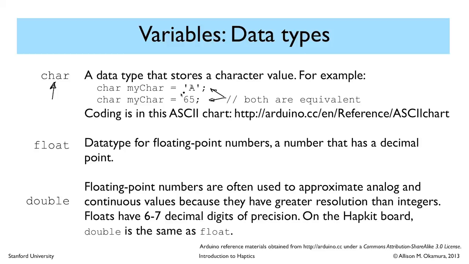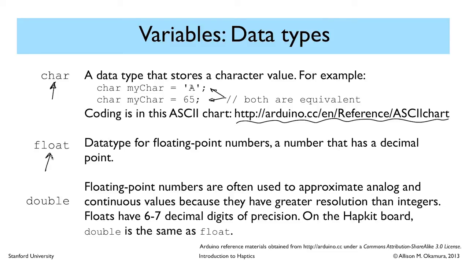And to see the corresponding numbers for different characters and what letters or characters they correspond to, you can look up this ASCII chart, which is pretty standard. It's not just for Arduino, it's the standard ASCII chart used by many programming languages. But this can be used to correlate numbers and characters.